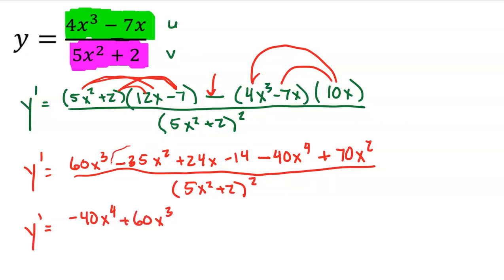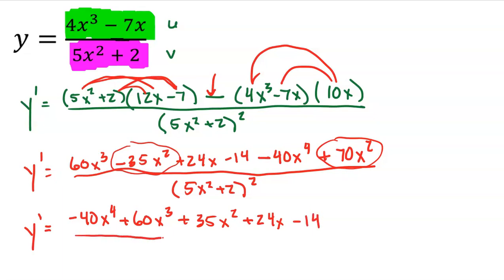I got a negative 35x squared and a 70x squared. That's going to make a positive 35x squared. Combine those like terms. I got a 24x minus a 14, all divided by that 5x squared plus 2 squared. And I think it's easier if you just leave that alone.